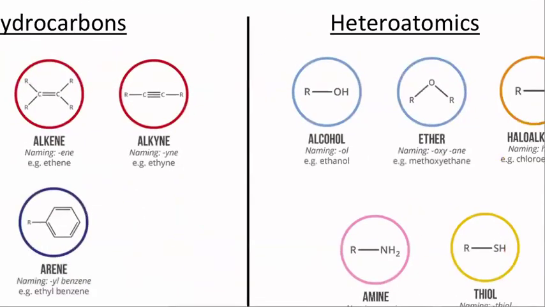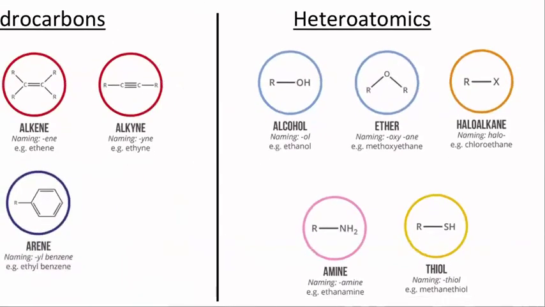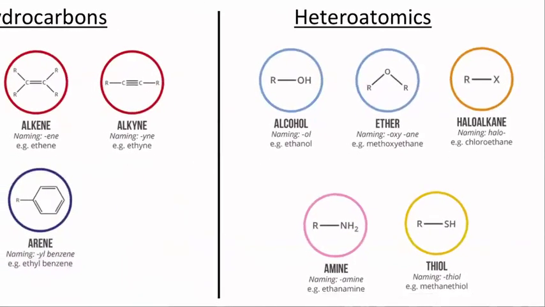Let's next explore the family of functional groups that are known as heteroatomics. The reason why this family is known as heteroatomics is because we have atoms other than carbon in these structures.